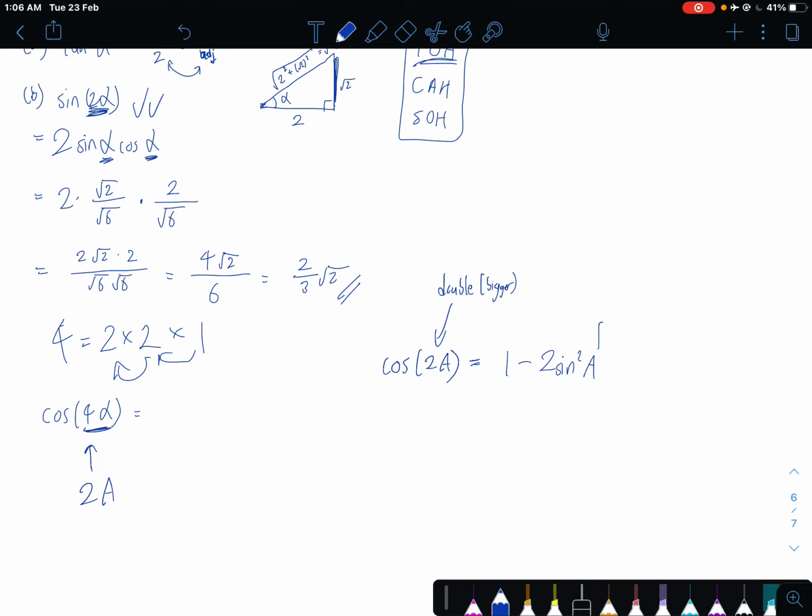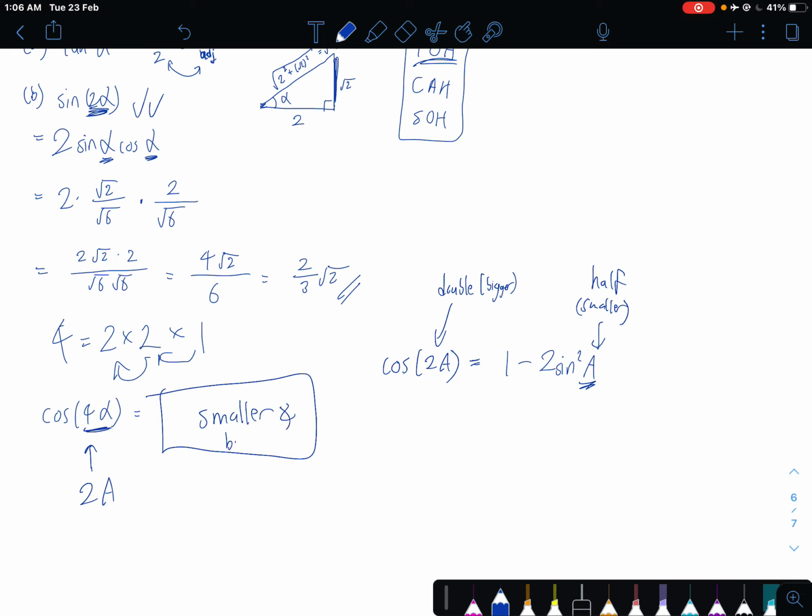Just remember, this side is the double or the bigger one. Then this side is the single A, the smaller or the half one. Okay, let's just write it out neatly. So what this means is every time you see cosine on its own, you try to use the identity, and make sure that whatever you end up with over here has a smaller angle. Smaller by how much?